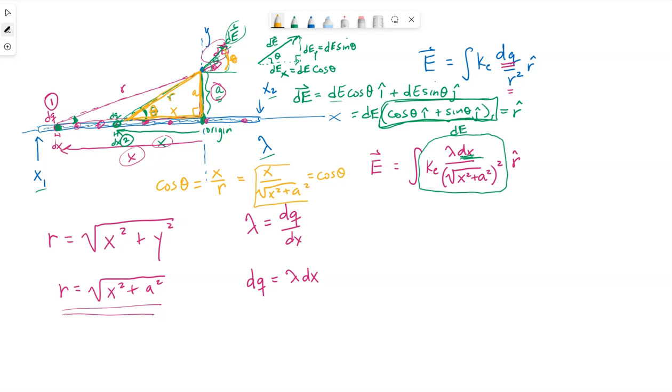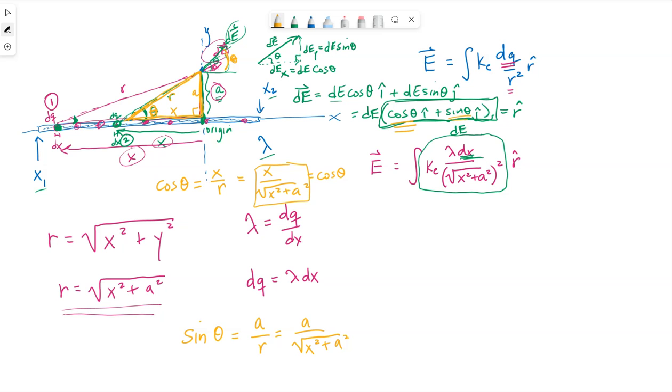We're going to put this in for cosine theta. Similarly, our equation has sine of theta. I'll write that on the bottom. Sine of theta. So sine is the opposite side over the hypotenuse. So a over the square root of x squared plus a squared. This is what we're going to put in for sine of theta.